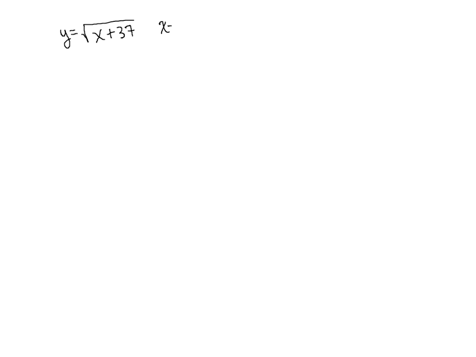Let's plug in the value 12 for x. So that would be y equals the square root of 12 plus 37. I'm very strategic about this. Y equals the square root of 49. Y is 7. So you tell me.